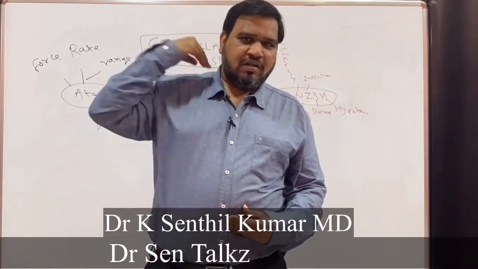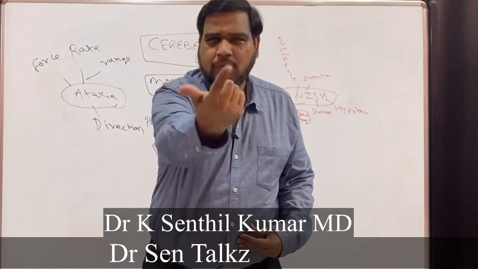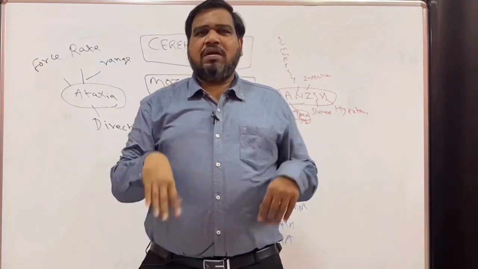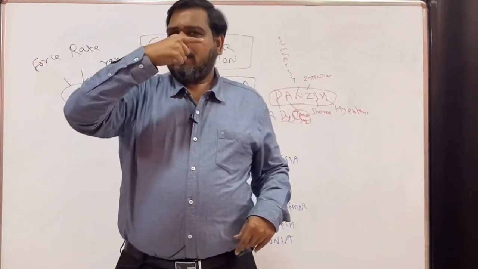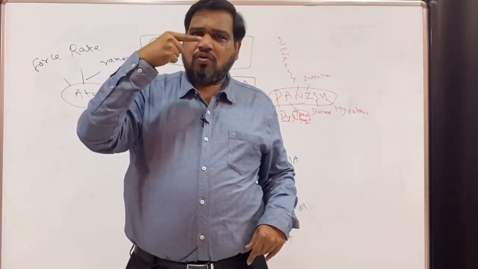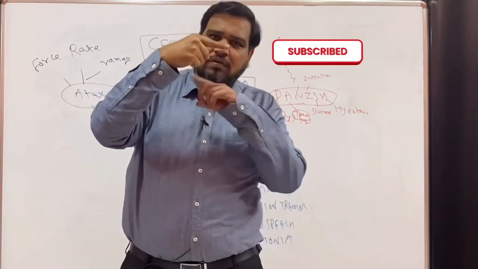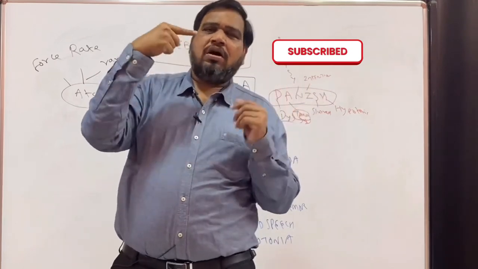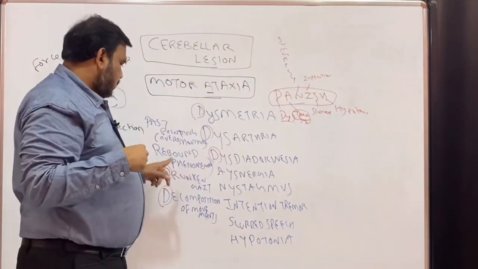In case of cerebellar lesion, what happens? This is past pointing. My finger is to point at the nose, but goes past. Past means it has crossed, or overshooting. That's what I have written.